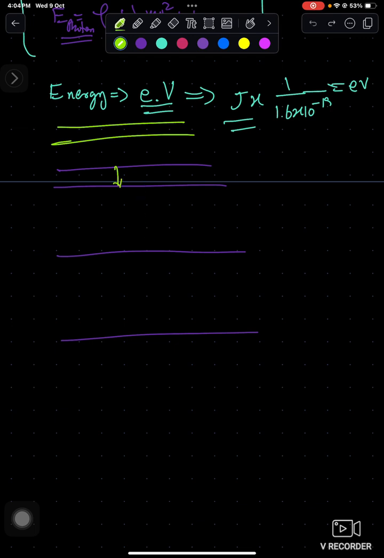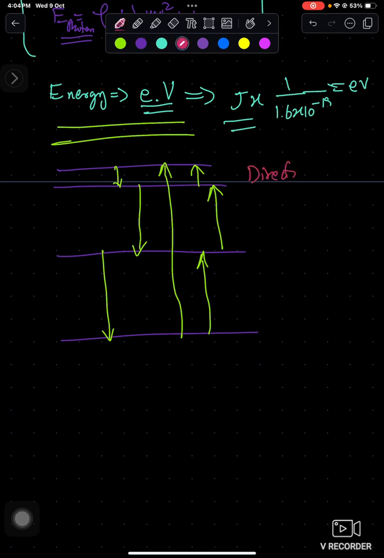Every arrow represents a change in energy. Every arrow represents an energy, and so on, whatever we have here. But the direction of the arrow shows gain and loss of the particle or the electron, because the electron is the one which is gaining.